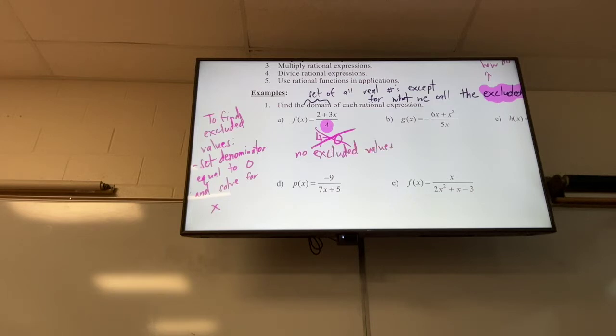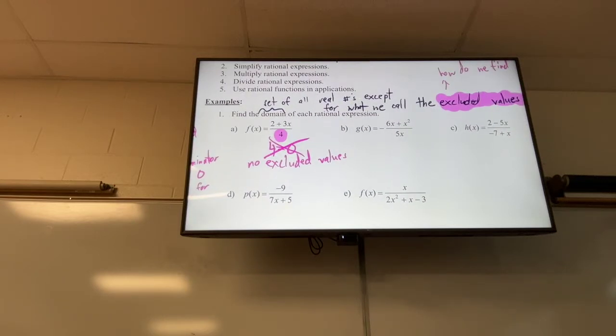So what would my domain be then? If it's all real numbers except the excluded values and there are no excluded values, it's just all real numbers. We're going to do interval notation again. How do I write all real numbers in interval notation? Yes, it's negative infinity, comma, positive infinity.